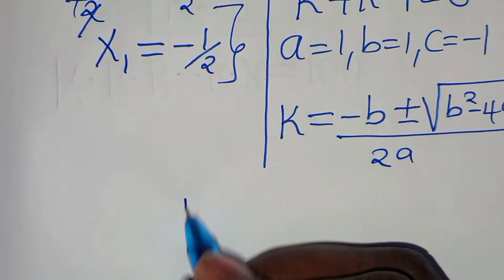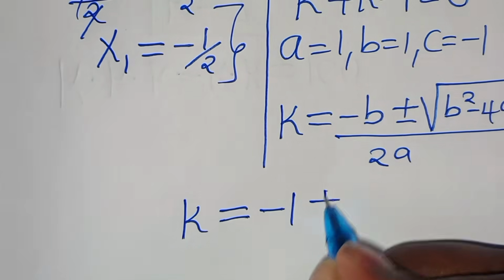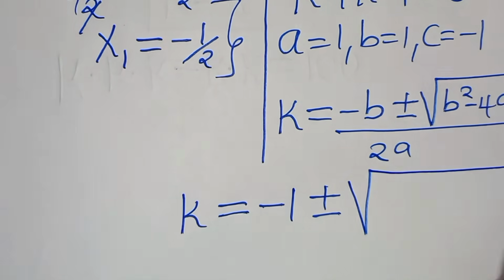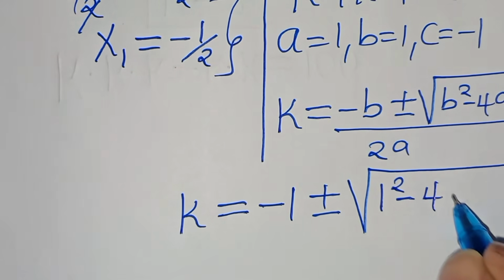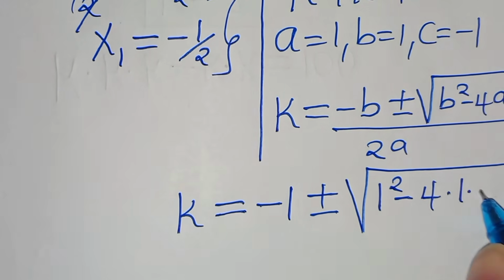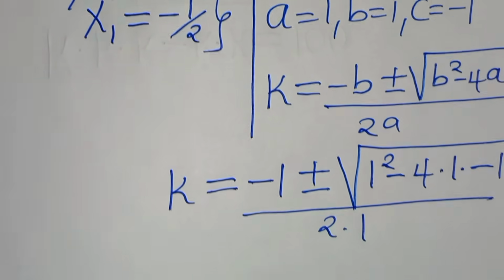So this implies that k is equal to negative 1 plus or minus the square root of b squared, which is 1 squared, minus 4 times a, which is 1, times c, which is minus 1, divided by 2 times 1.